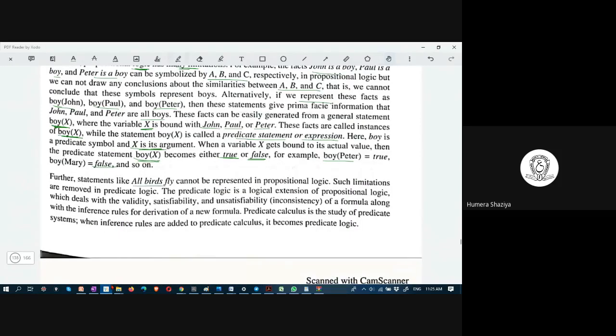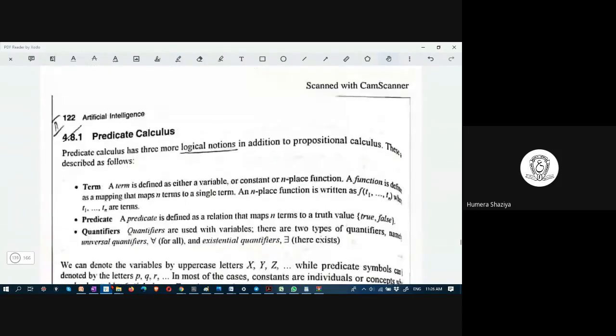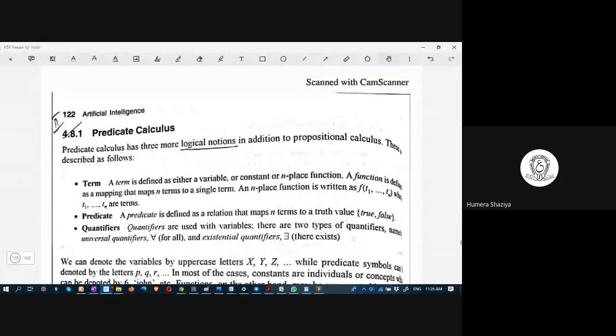Statements like all birds fly cannot be represented in propositional logic because there is no provision to denote all, some, few, whereas predicate logic has that logical extension, which includes extra symbols in the form of quantifiers. Predicate calculus has more logical notions in addition to propositional calculus.